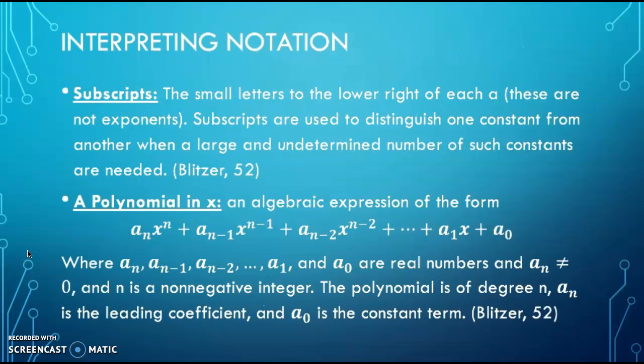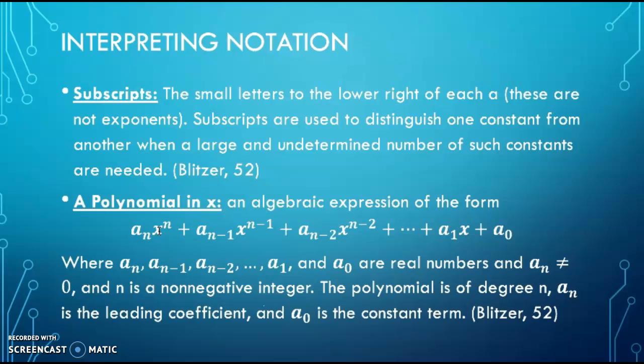So now we need to be able to interpret some additional definitions. And to do that, we're going to first talk about subscripts. Subscripts are used when we are talking about polynomials and we don't know exactly how many terms we will have. So it's a way of naming a coefficient and a term. So this would mean this is the nth coefficient on x to the nth.